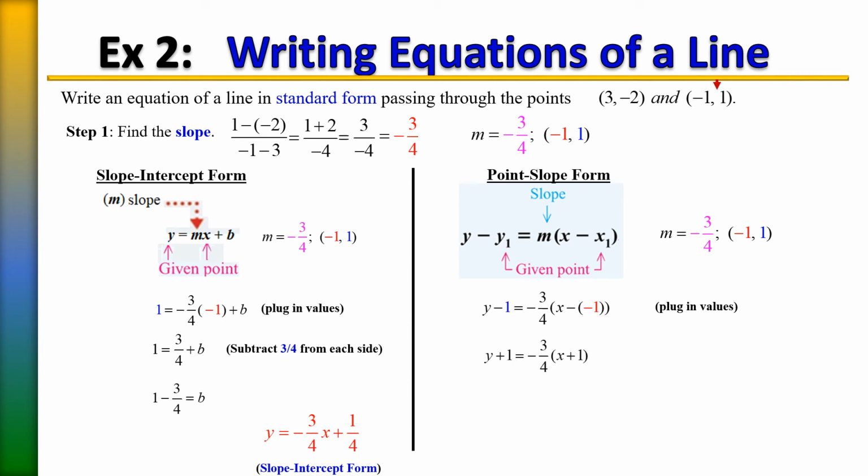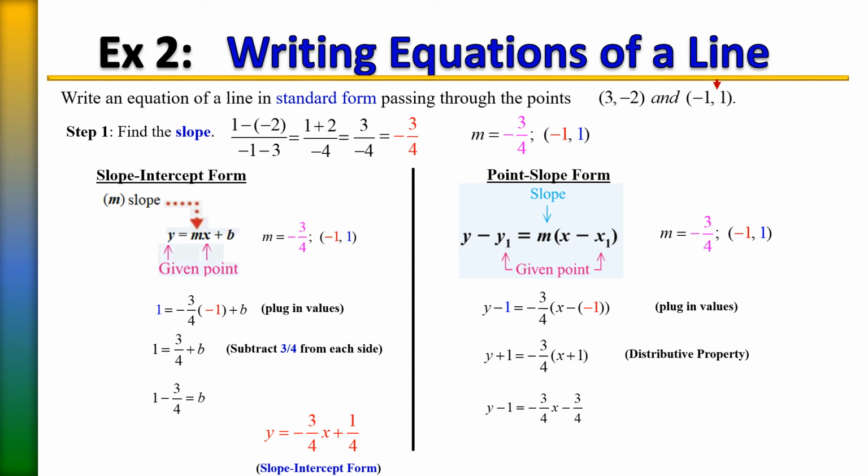We're going to use the distributive property on the right side. -3/4 times x is -3/4 x. -3/4 times +1 equals -3/4. Last step to solving this is to add 1 to each side.